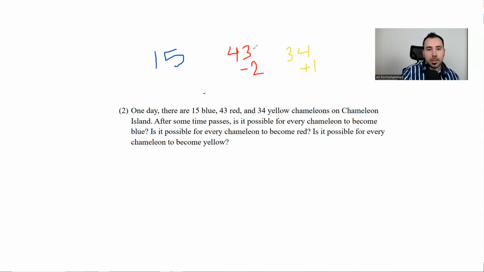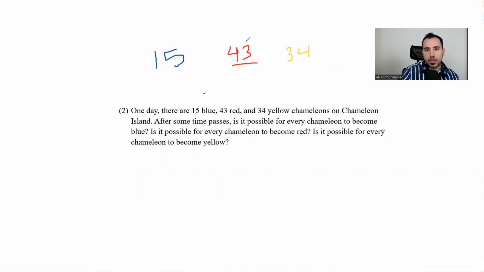Okay, so can all of them be blue? Yes. So let's go. Can all of them be red? Red is not important. What is 34 minus 15? 19, isn't it? Yes. So is 19 a multiple of 3?